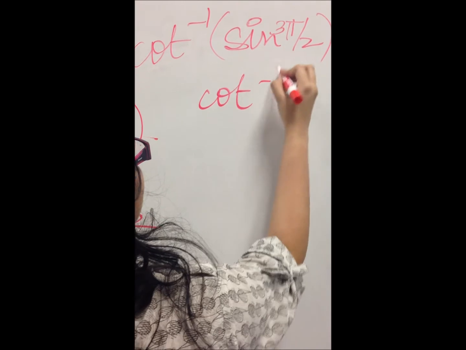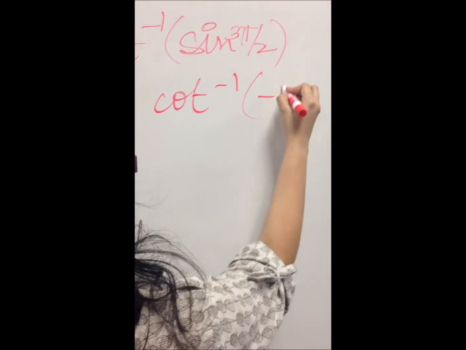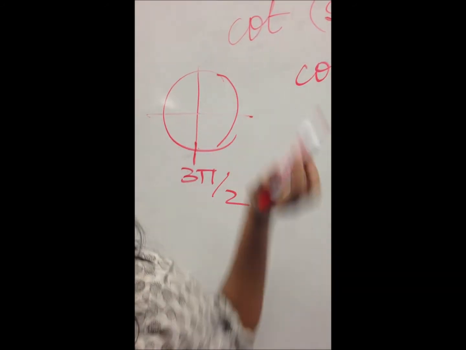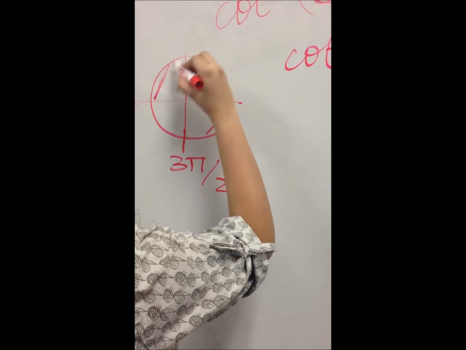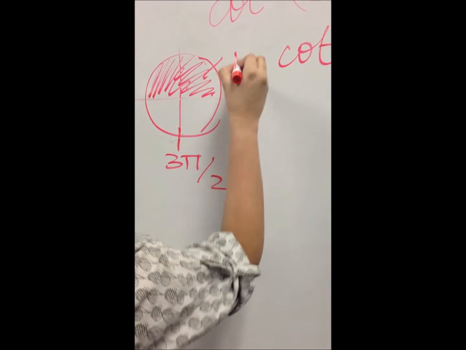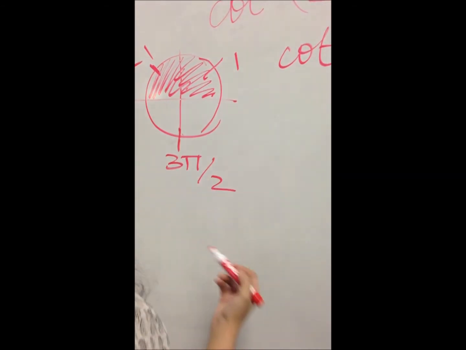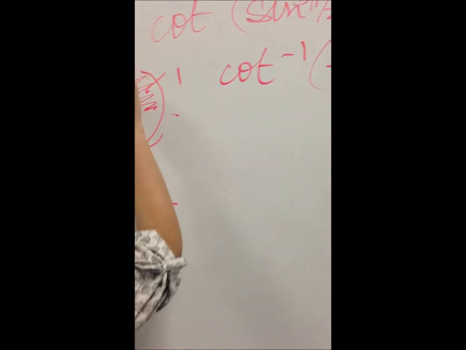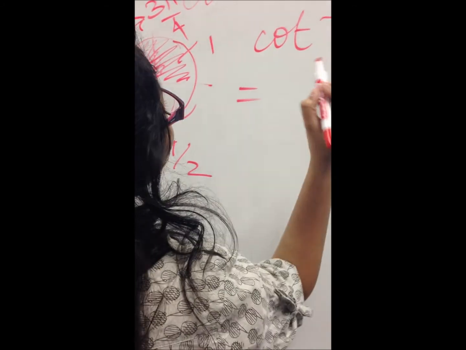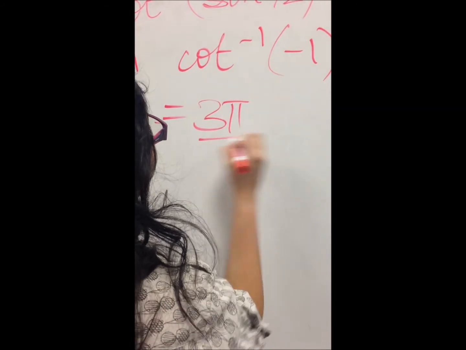So it would be the inverse cotangent of -1. The principal interval of cotangent is in the first and second quadrants. This would be 1, and so this would be -1. So this angle is 3 pi over 4, and therefore the answer is 3 pi over 4.